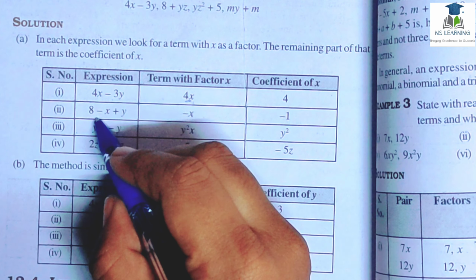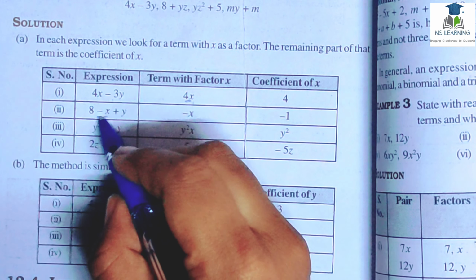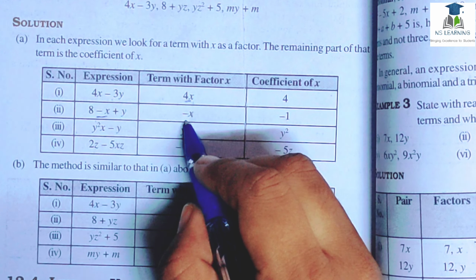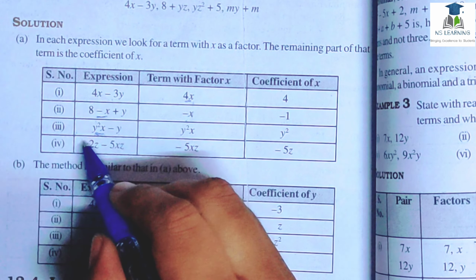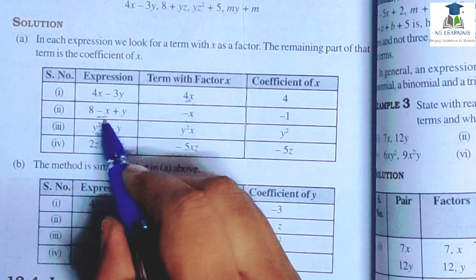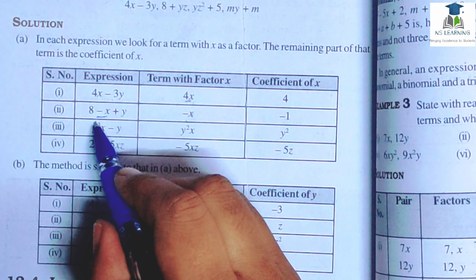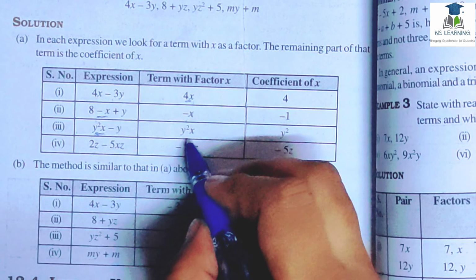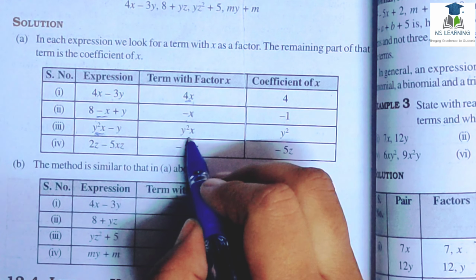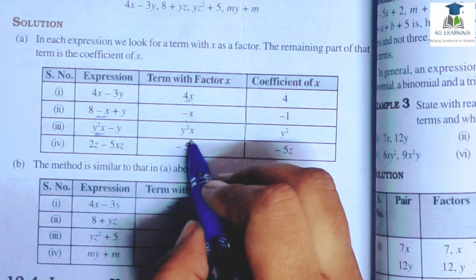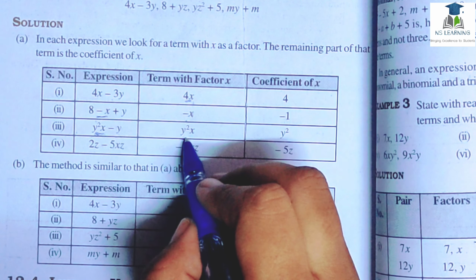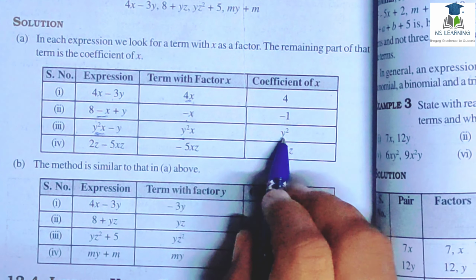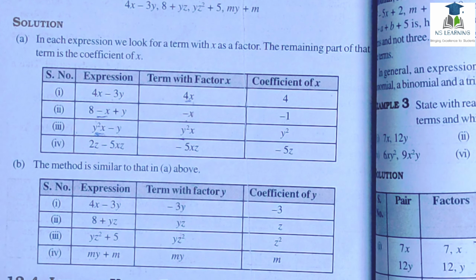Here the term with factor x is minus x, so the numerical coefficient is minus 1. Third example, y square x minus y. Again we choose the first term because it has factor x. Then what is the coefficient of x? Here we do not take any numerical coefficient, but the coefficient of x is y square. So we will write y square. I hope you understand how to find the factors of the given term.